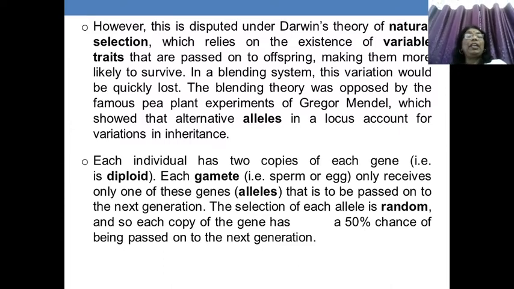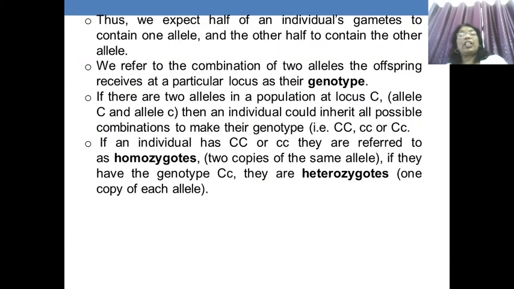For example, in a diploid organism, each gamete, the male gamete or female gamete in the form of a sperm or egg, has only one copy of that gene. It receives only a single set of chromosomes, which is passed on to the next generation. The selection of each allele is random, so each copy of a gene has a 50% chance of being passed on to the next generation.